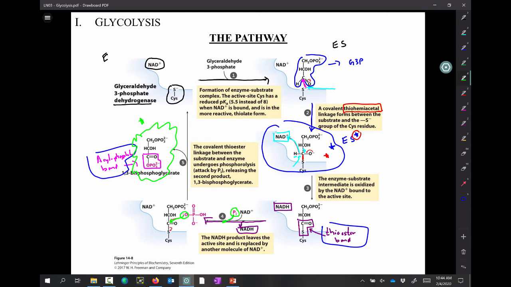So that's one way that energy can be transferred from an electrochemical gradient to an enzyme or a transporter. In this case, we have a redox reaction that's transferring this energy to chemical bond potential energy that then is used to drive the synthesis of ATP. So that's how energy can be moved around in these different pathways.